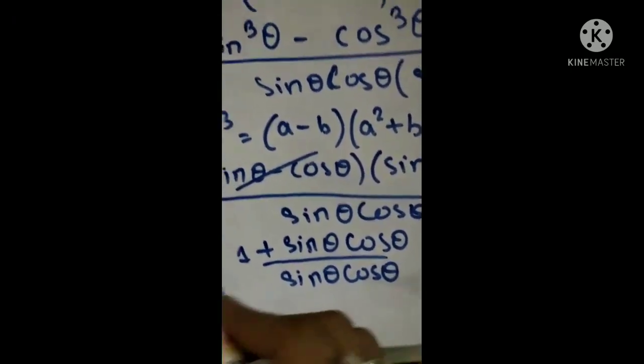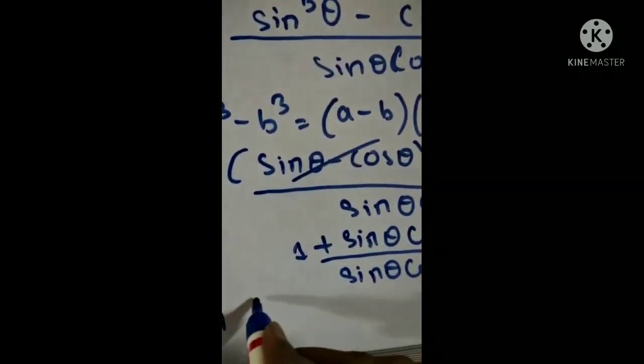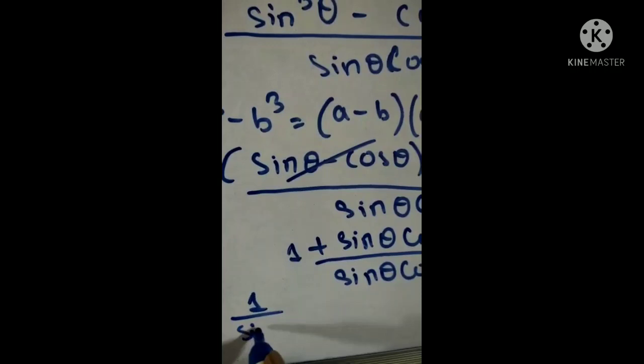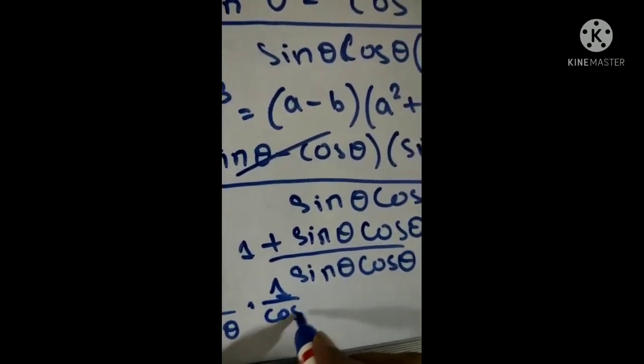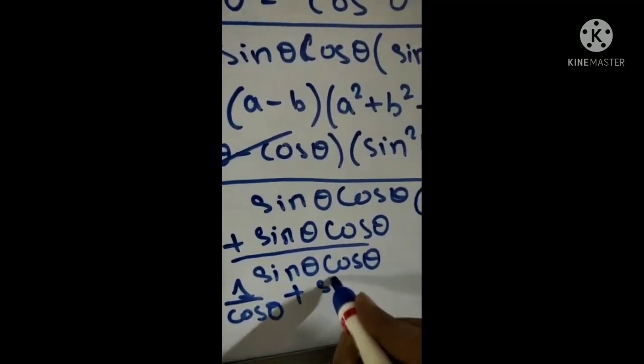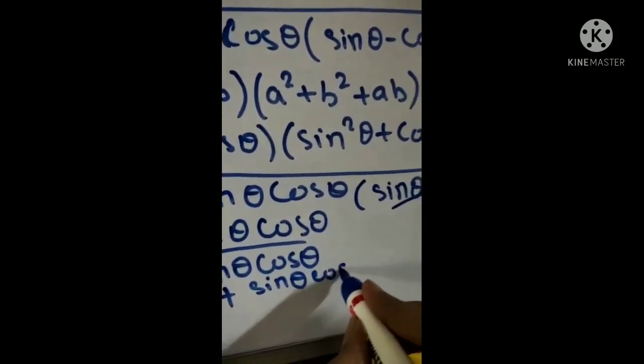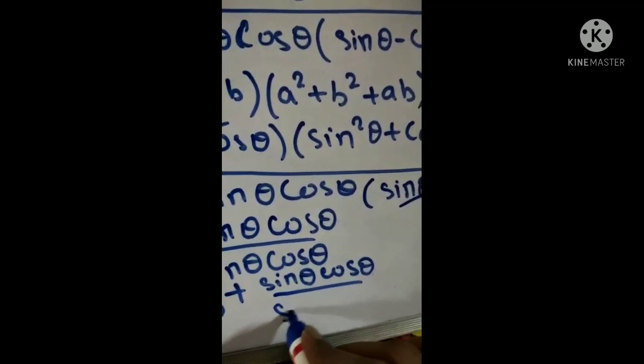This we are getting. Now from here, after expanding it, we can say that 1 by sine theta multiplied by 1 by cos theta, plus sine theta cos theta by sine theta cos theta.